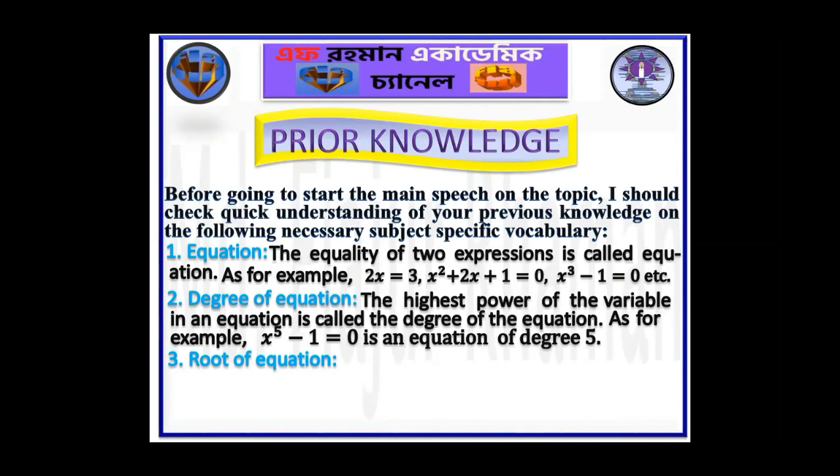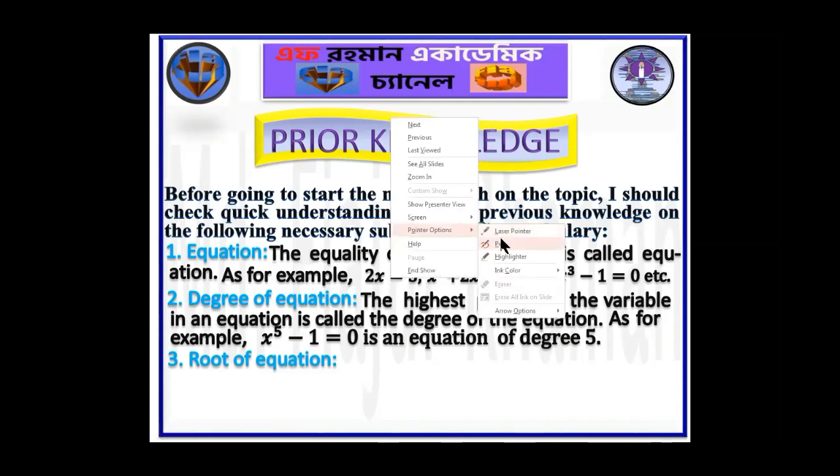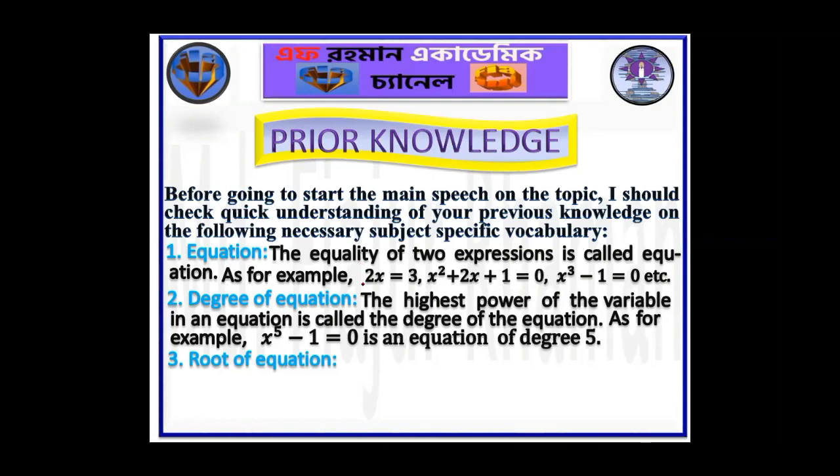We may also see the above three examples of equations. Twice x is equal to 3 is of degree 1 or a linear equation. The highest power of the variable in it is 1.